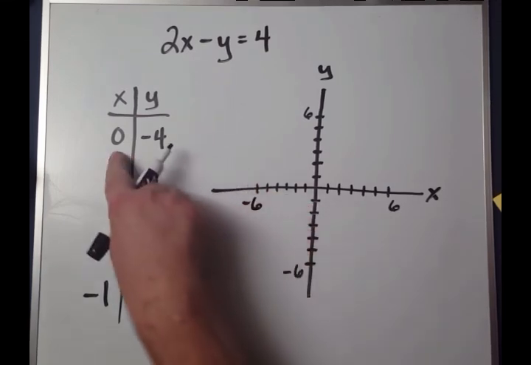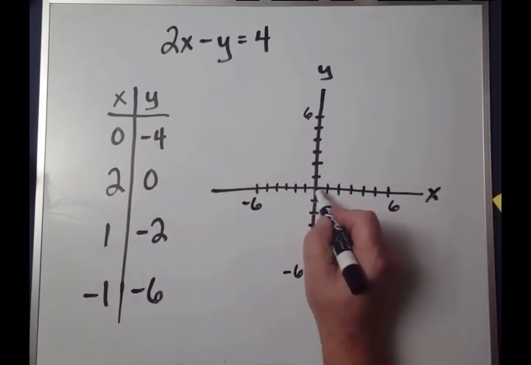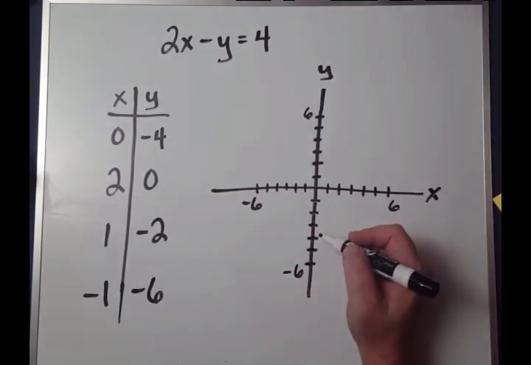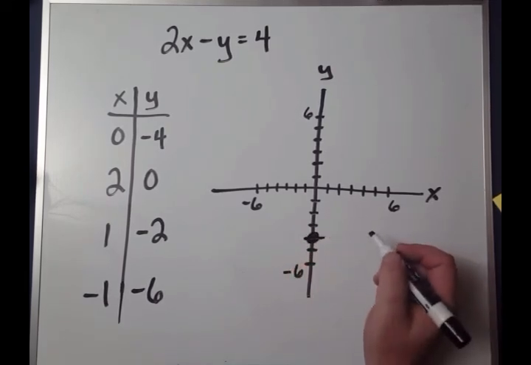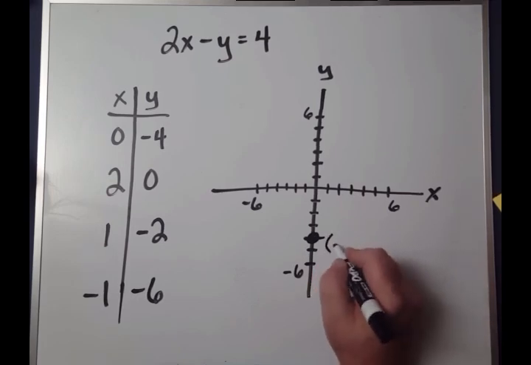Our first point, the point (0, -4). That's no motion in the x direction, no motion left to right. And then down to negative 4, actually here on the y-axis. Right there. And she said go ahead and label these points as well, so we'll do that as we go along.